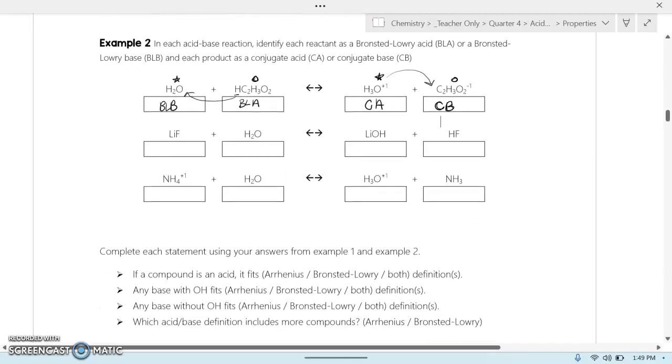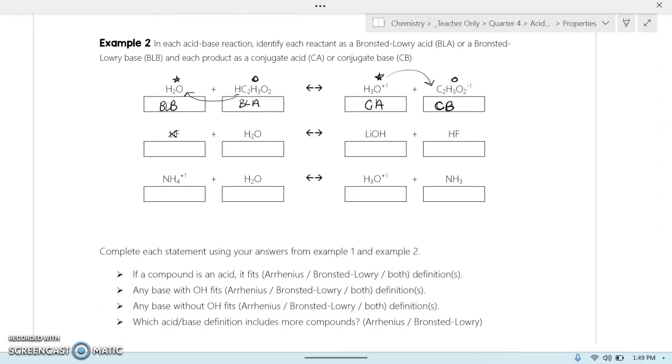Our next one, we're going to ignore the lithium. That's just kind of a distractor, and we're crossing it out because it's on both sides. It would be what we call just a spectator ion. So the actual reaction is written with them as just the ions. So let's again look at the pairs and see where the hydrogen would move. It looks like our H would be moving here.